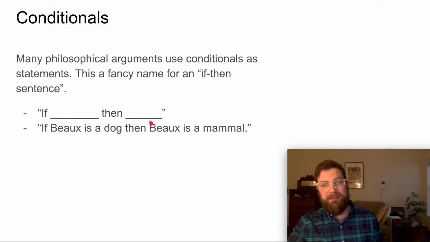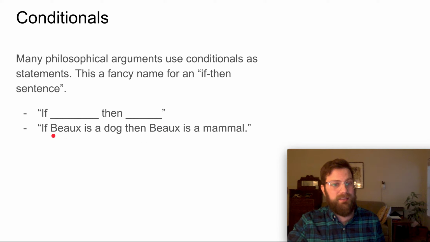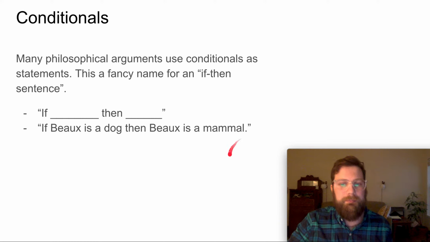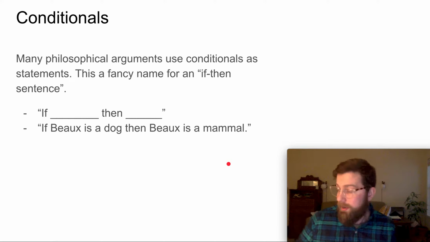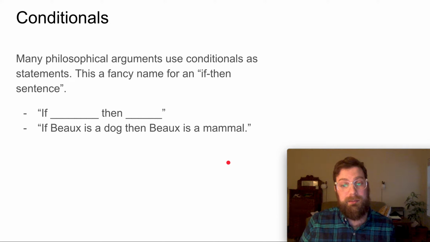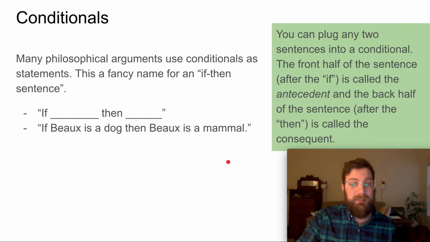So we're going to use my dog as the perennial example again. So we say, if Bo is a dog, that's your one small unit of a sentence, then Bo is a mammal. So we take two little sentences and plug them together to make a bigger, more complex sentence, right? The idea is that these sorts of sentences can be really helpful in helping us to develop philosophical arguments.